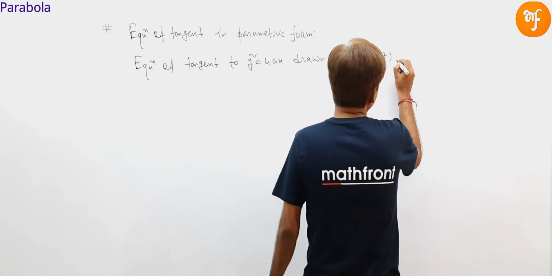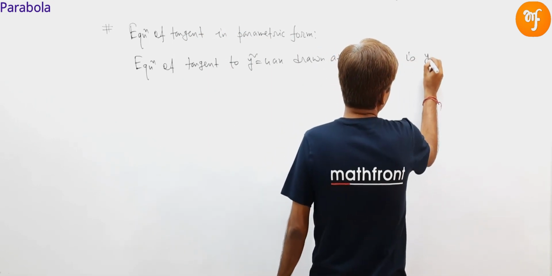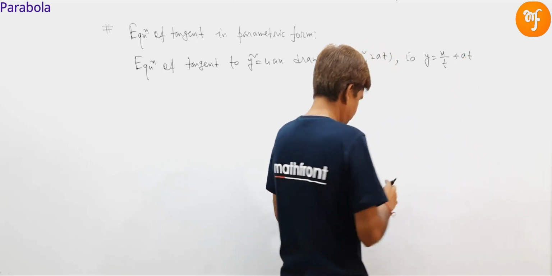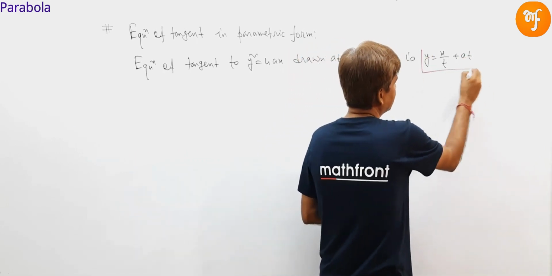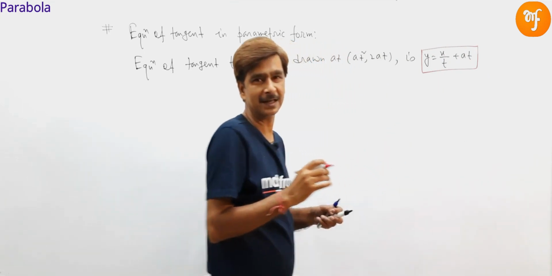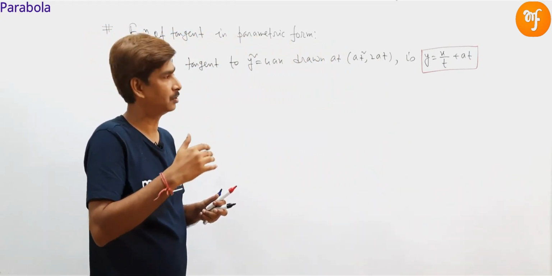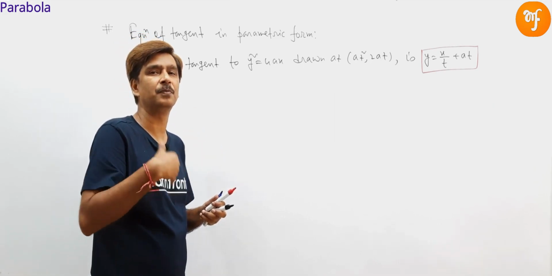The equation will be y is equal to x by t plus at. This is the equation of tangent. So if we draw it, it will be clear to us, and together we will prove this also.